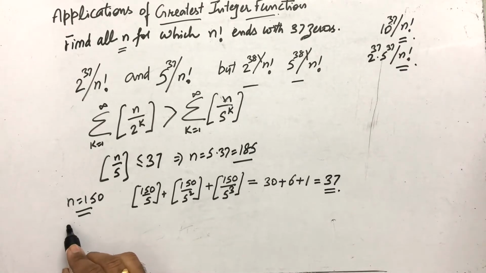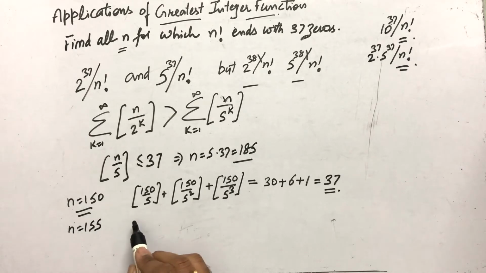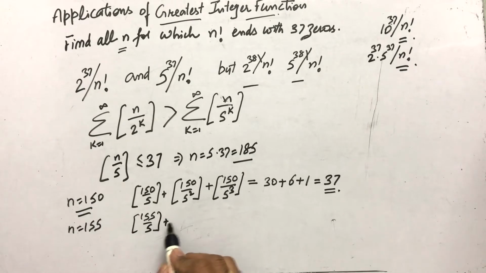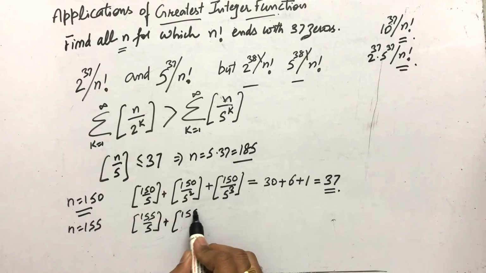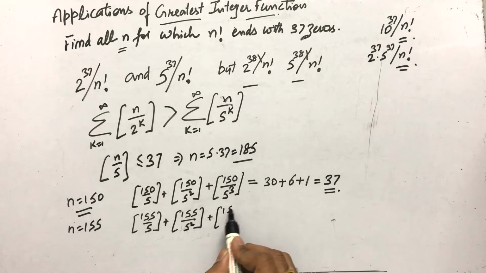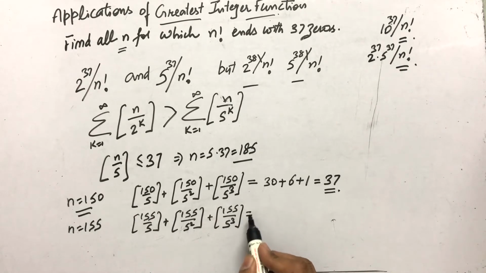Let us find for some other value, 155. So how much is the power? 155 by 5, 155 by 5 square and 155 by 5 cube, because hereafter also we get the denominator greater than the numerator and all terms will be 0.